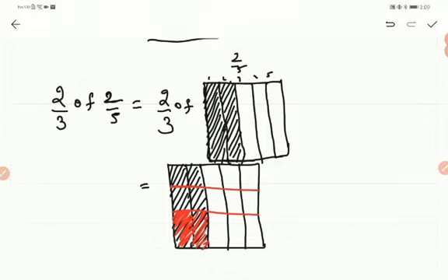Okay, so you have this as 2 by 3, and this as 2 by 5. Okay, so 5 columns you have and 2 regions shaded, and here 3 regions, 2 shaded parts. So this is considered like this diagram.